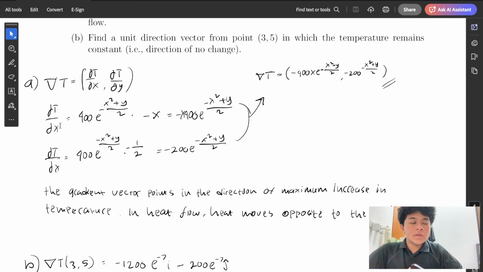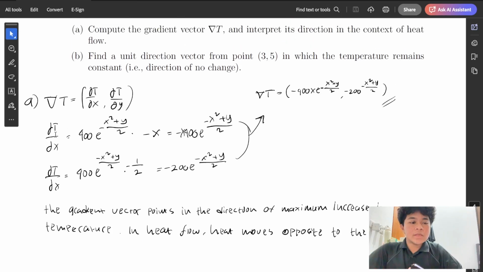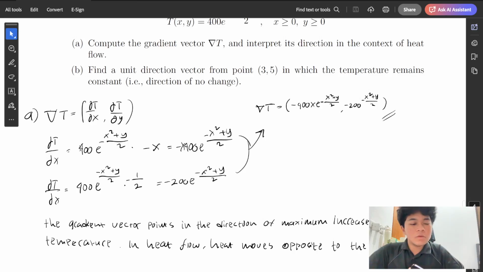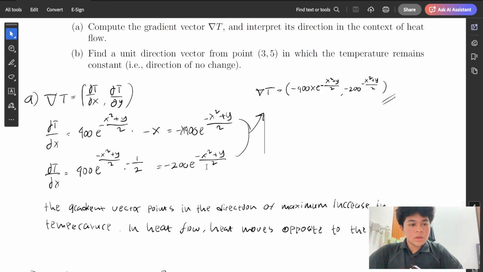We have to find the derivative of T with respect to x. Taking it with respect to x, we get this result: minus x times 400 times exponential to the power of minus (x squared plus y squared) over 2.